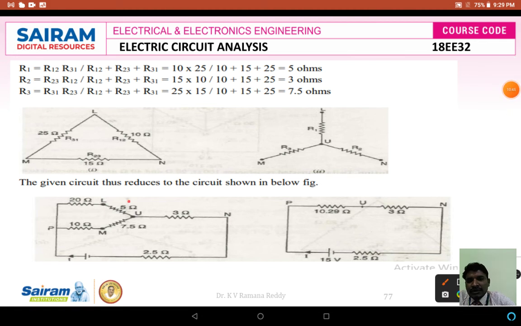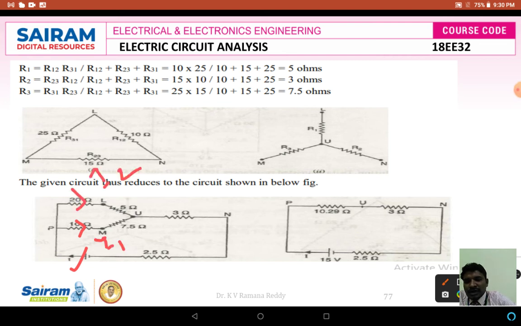Here the resistance value is 5 ohms, here 7.5 ohms, and here 3 ohms. Now if you analyze this circuit very closely, here one current, that is I, is going to divide into two currents, namely I1 here and another one called I2 here.